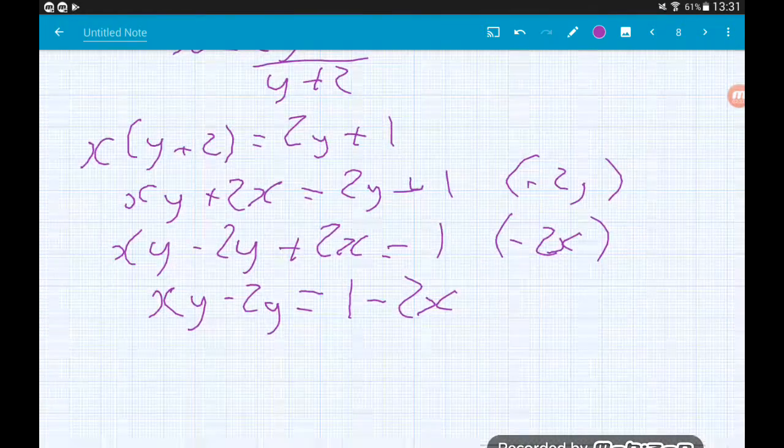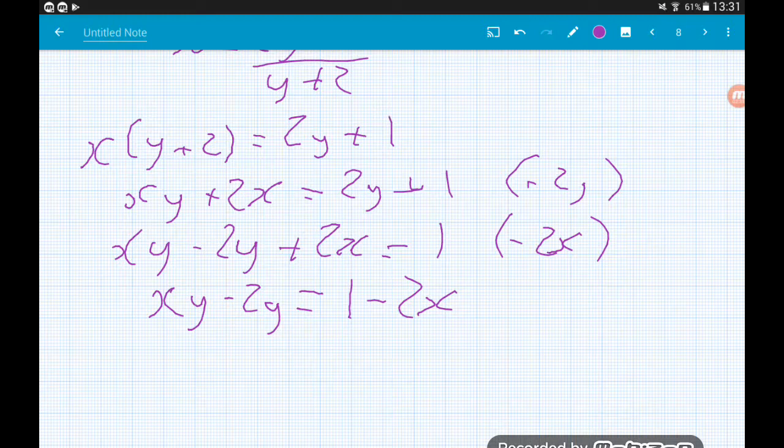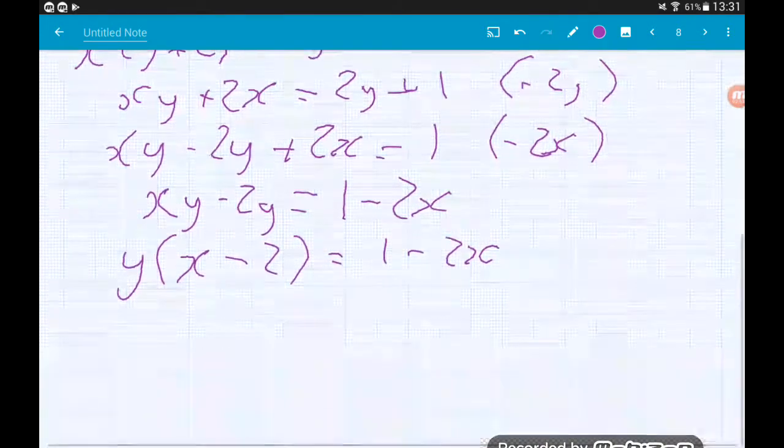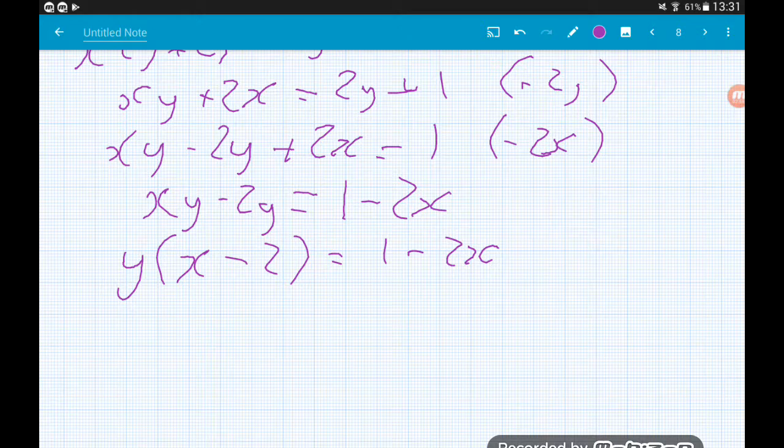And now we've got that magic step again over on the left hand side. We've got two y terms, one's algebraic, one's numeric. The only thing that we can do is factorise. So we've got y lots of x minus 2 equals 1 minus 2x. And then finally, divide through by x minus 2.